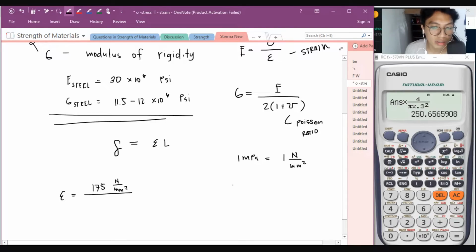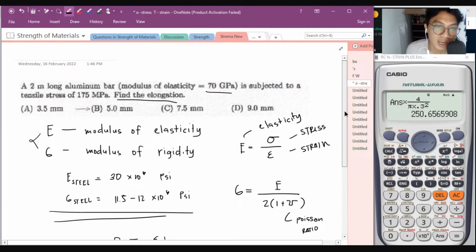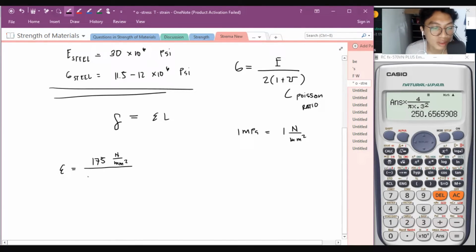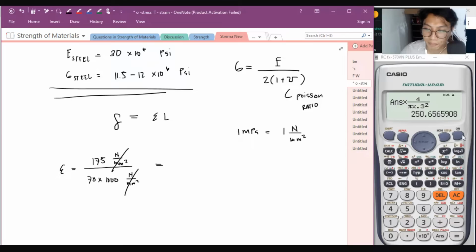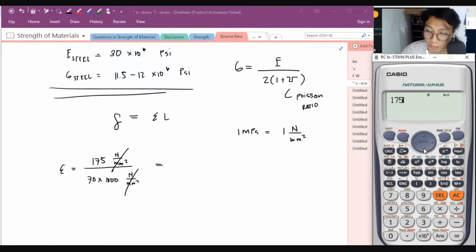Dito naman, anong di-divide mo? Divide mo dun siya sa elasticity binigay. So, 70 GPa times 1,000, Newton per millimeter squared. Yun ang mahahanap mong strain dyan. Non-unit yan. Cancel to, cancel to. What will be the strain? So, 175 divided by 70 times 1,000.